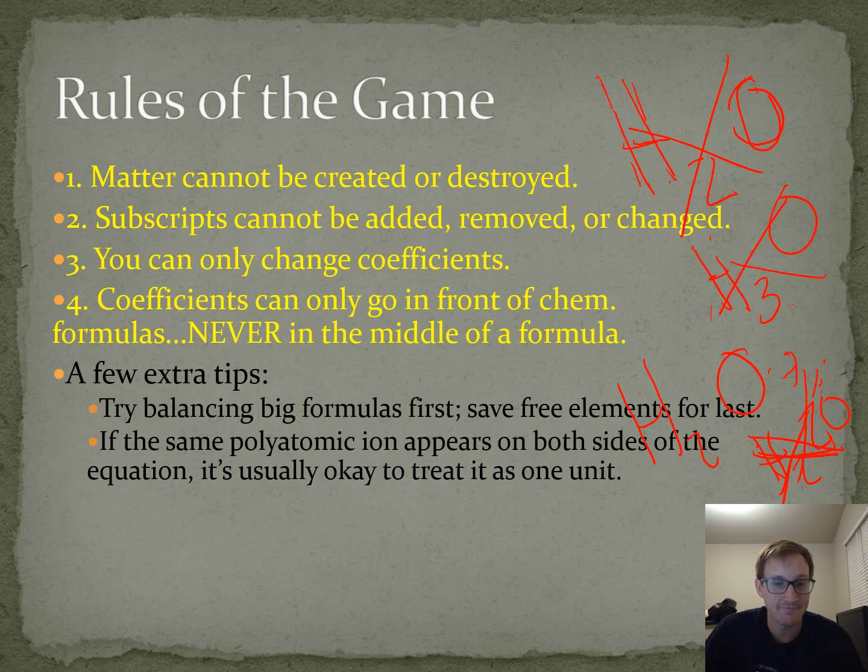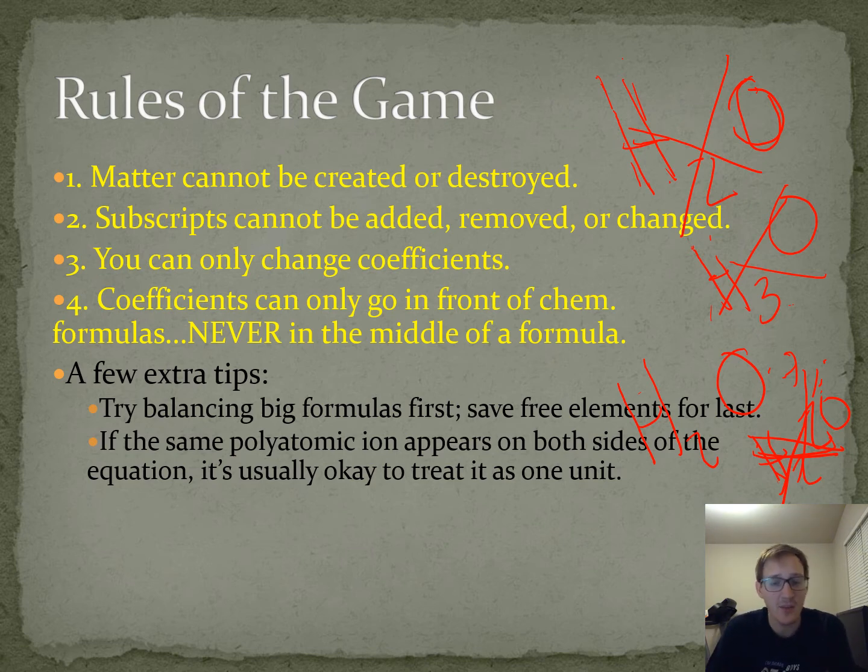If you're just adding, let's say, oxygen to something, figure out oxygen at the end. Figure out the big formulas first. Like if you have a compound of hydrogen sulfide or some kind of acid, figure out those first and then the other ones later.